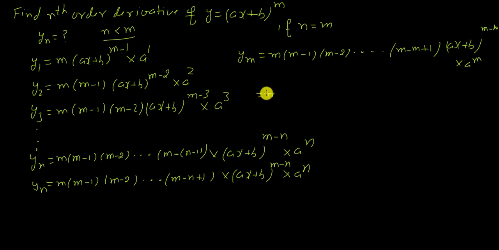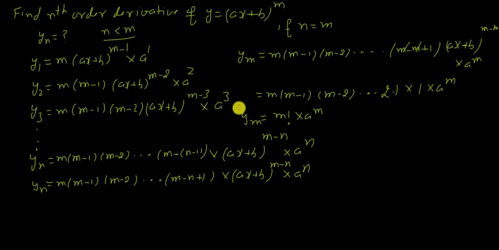So this will be further equal to m minus 1, m minus 2, up to, this will cancel out, so we are left with here 1. So the terms are decreasing by 1, so if we have to write its preceding term, it will be 2, then it will decrease by 1, it will become 1, into (ax plus b) raised to the power 0 is 1, into a raised to the power m. So by definition this is nothing but m factorial into a raised to the power m. So this is ym, which is a constant quantity.